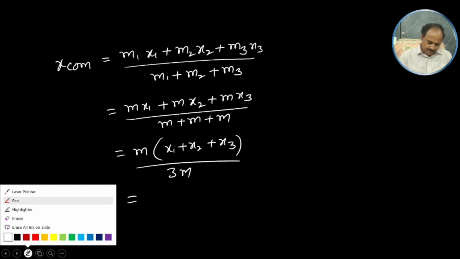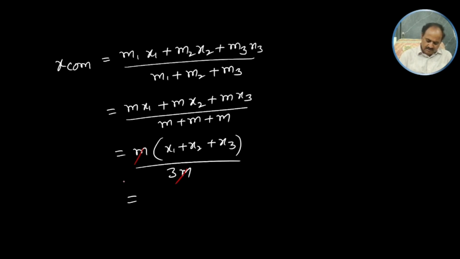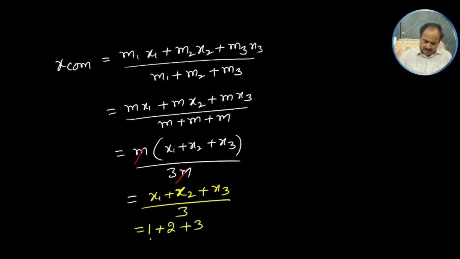M is cancelling. Finally, it is x1 plus x2 plus x3 by 3. x1 is 1, x2 is 2, x3 is 3, divided by 3. 6 by 3 equal to 2.